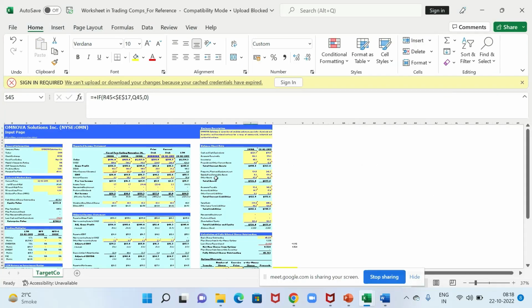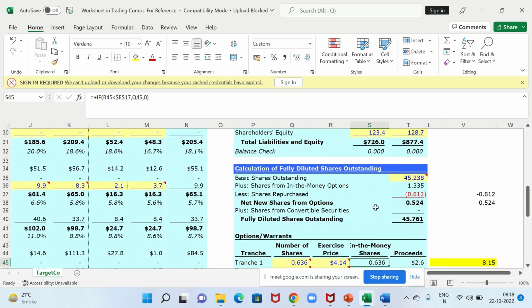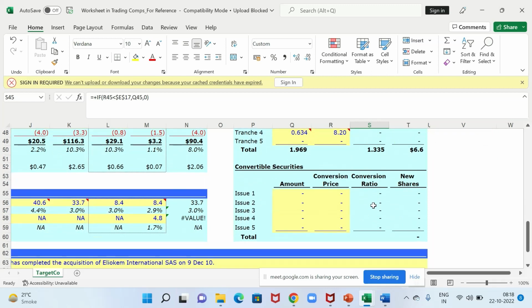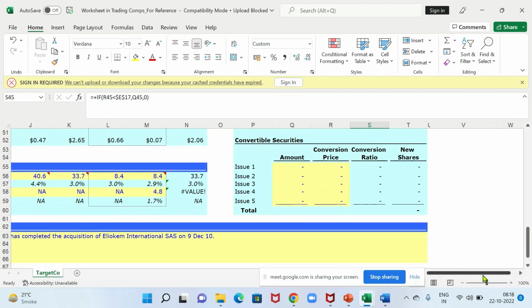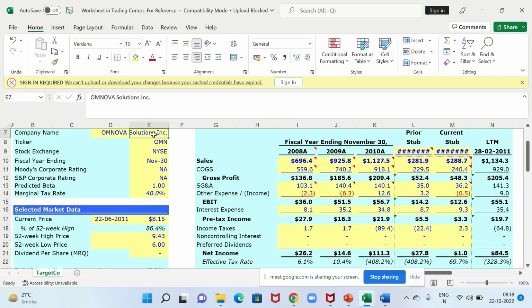For example, this is our comps template. If you look at the comps template, at the start we have the name of the company.